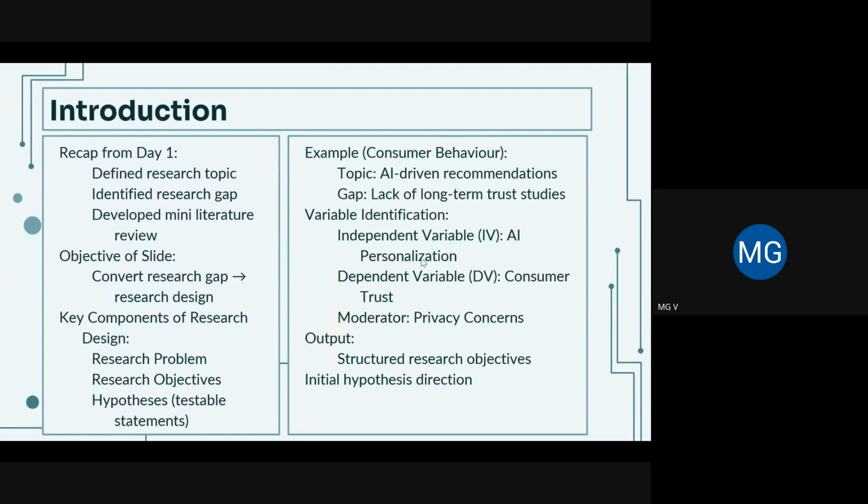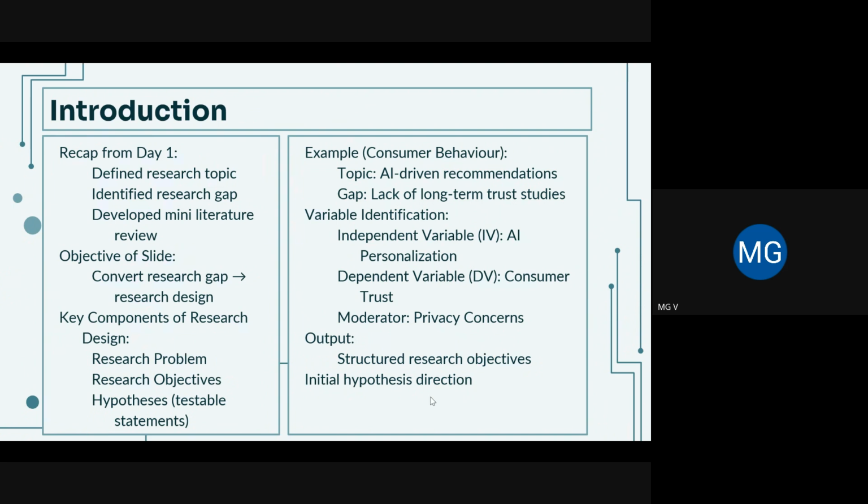At the beginning of day 2, we move from understanding literature to designing research. As you have already identified a research gap in AI-driven consumer behavior, specifically related to trust in recommendation systems, the objective now is to convert this gap into a structured research design.